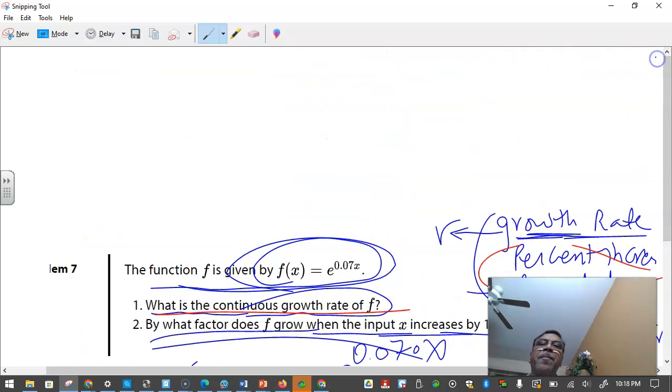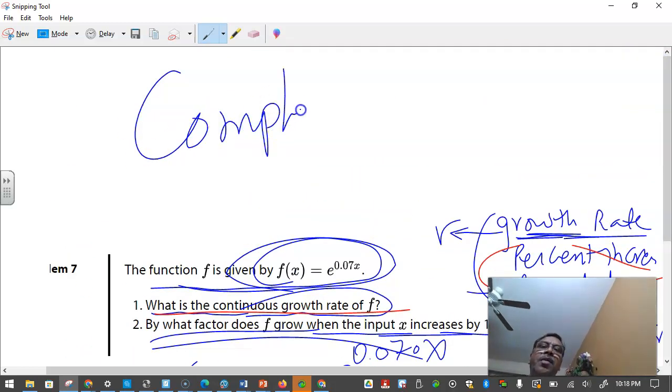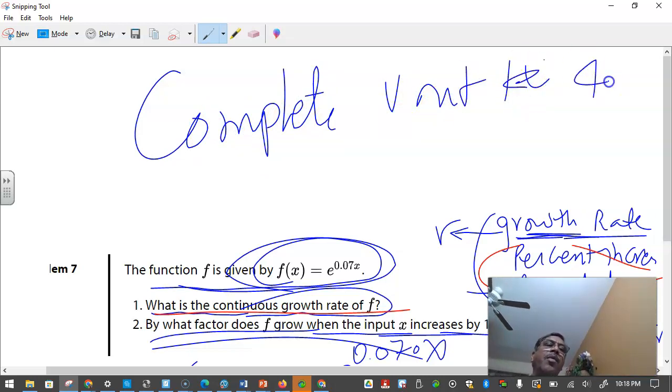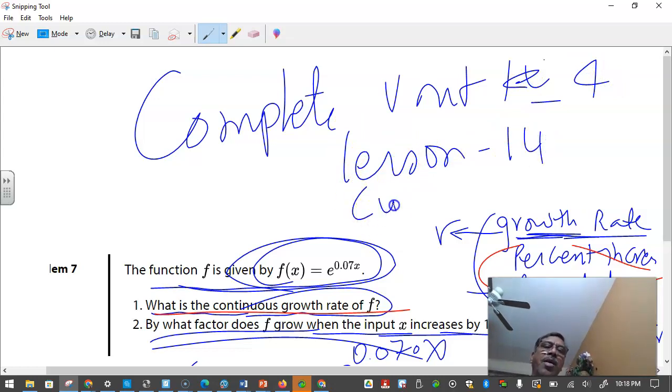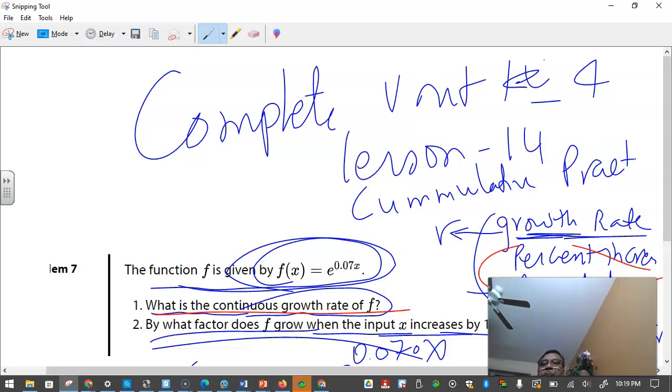And again, I repeat, this completes Unit 4, Lesson 14, the cumulative practice problems. Hope that helps.